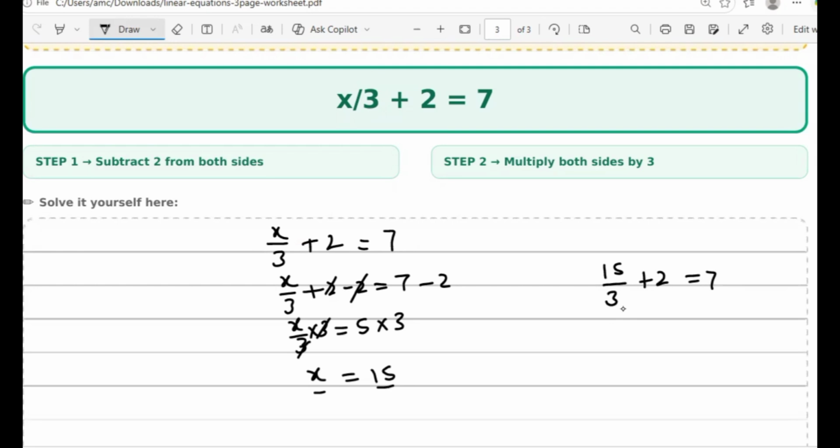So 15 plus 3 times 2, which is 6, over 3. On the other side, 7 remains the same. So 15 plus 6 is equal to 21 over 3. 21 divided by 3 is equal to 7. So it is equal to 7. It means that our left hand side is equal to right hand side, so our answer is correct.